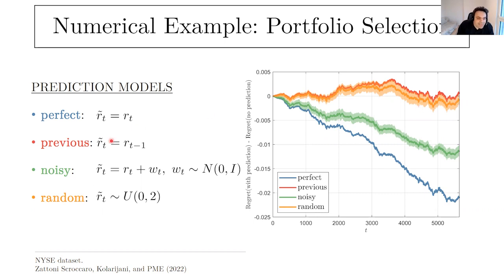The first one for me is when you try to outsmart the market. What I mean is, what would be the most reasonable first guess to predict the rate of return? The prediction of the rate of return is just the previous one. So think about that: you pick the rate of return right now and treat it as the rate of return tomorrow.